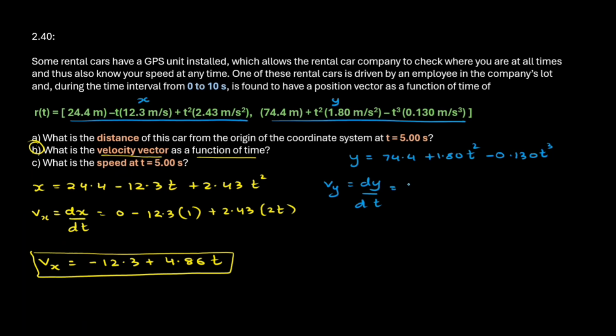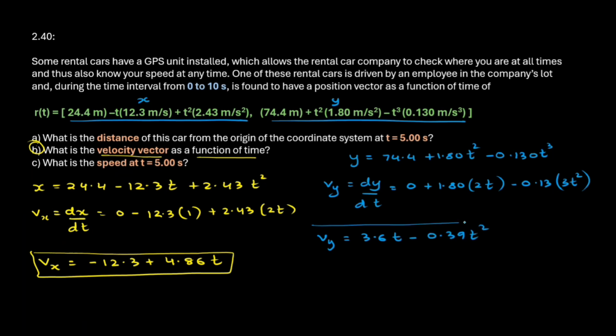Derivative of such constant is 0 plus 1.80. Derivative of t squared is 2t minus 0.13. Derivative of t cube is 3t squared. So we get y component as 3.6t minus 0.39 t squared. So these are the x and y component of velocity.